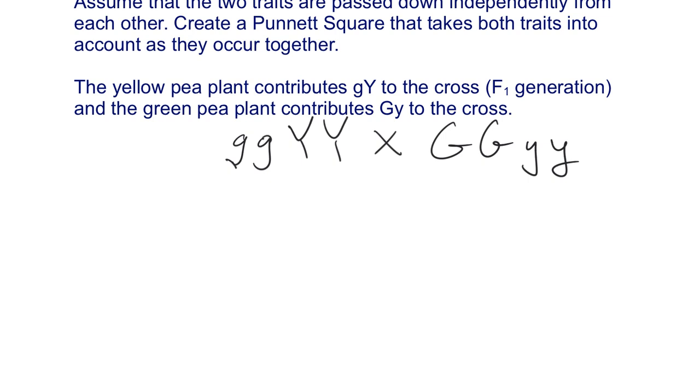I'll show you a shortcut after I talk about the long way of doing it. What you do is FOIL this in order to figure out what goes in the Punnett square top and side.